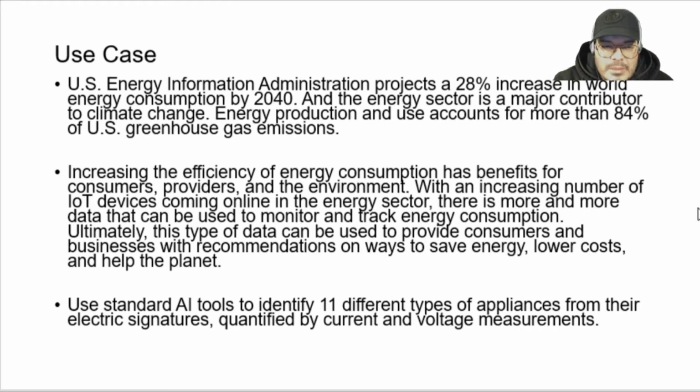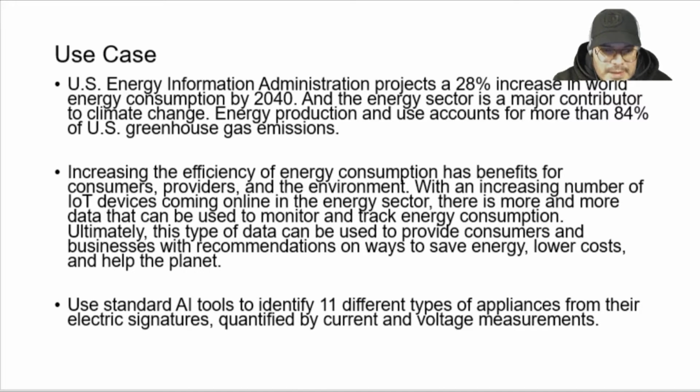With an increasing number of Internet of Things devices, as you guys know, all these sensors are coming online in the energy sector. There's more and more data that can be used to monitor and track energy consumption. Unfortunately, it's a challenge to interpret the data.